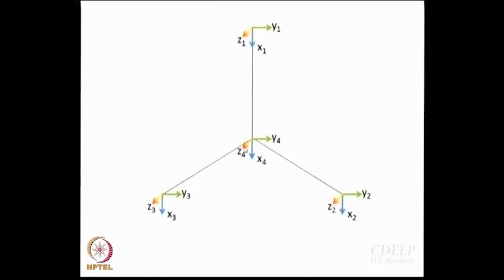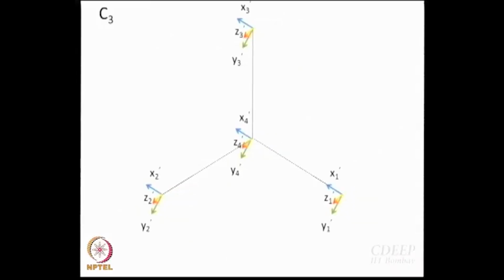So if X4 is rotated by 120 degrees, where will it go? A little bit of high school geometry once again. Won't it be like this? So forget everything else, look at X4 dashed and X1 dashed, right? They are along this bond, and then you can just confidently draw X2 dash parallel to X1 dash and X4 dash, draw X3 dash parallel to X1 dash and X2 dash.